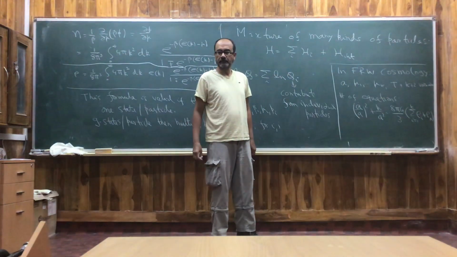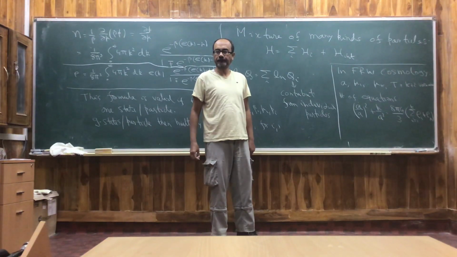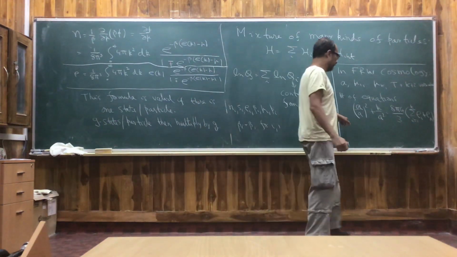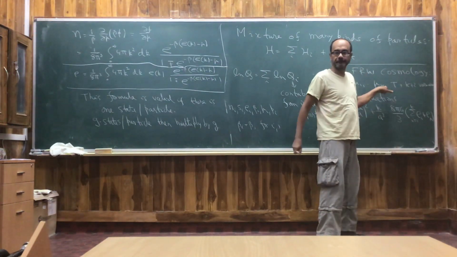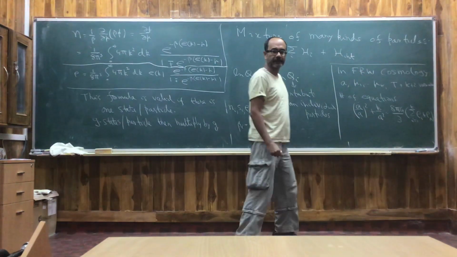These are all given in terms of the mu's and p's. The rho's are not independent variables. So this is one equation.